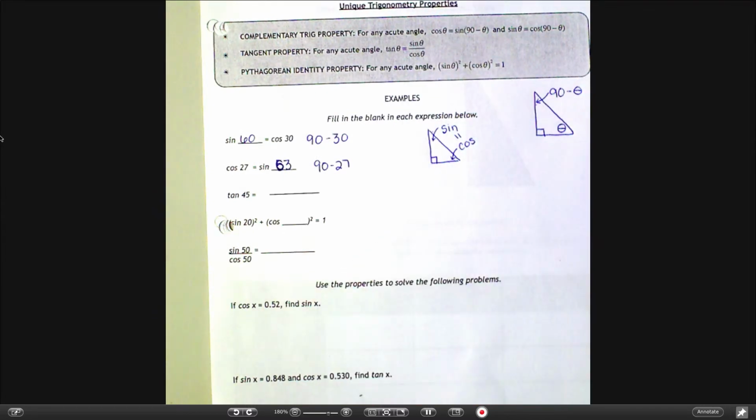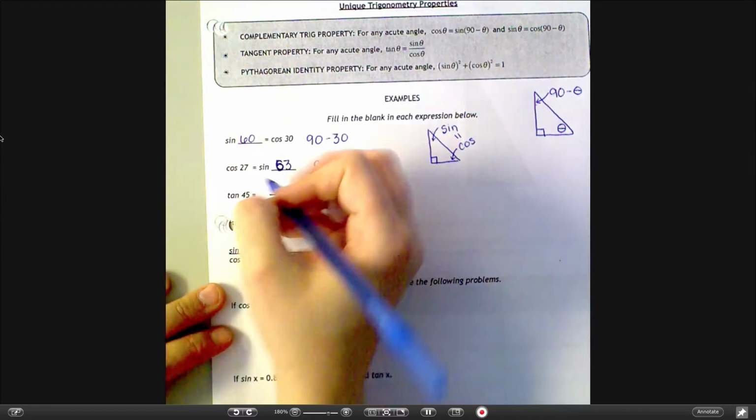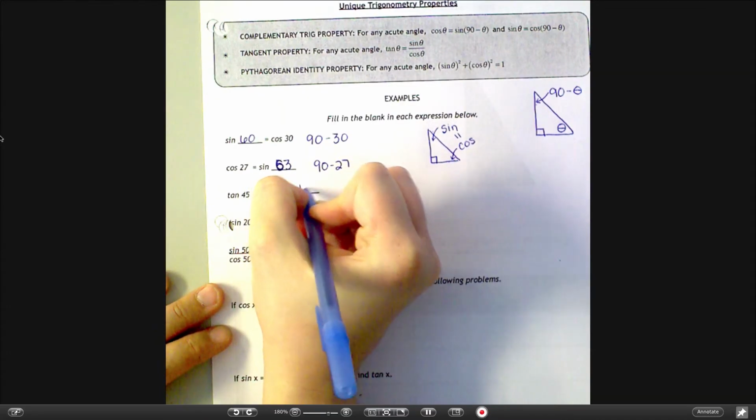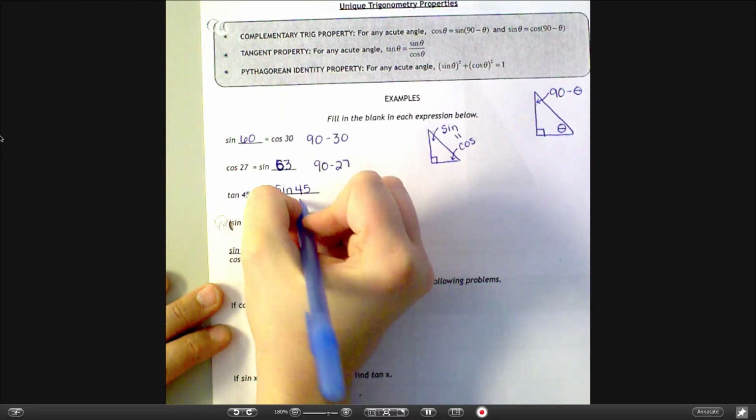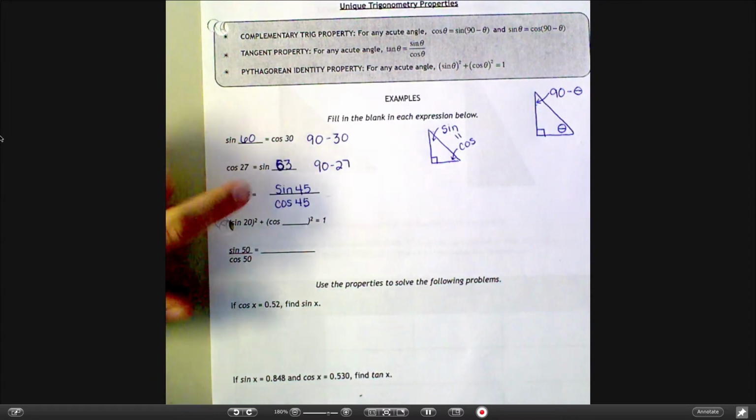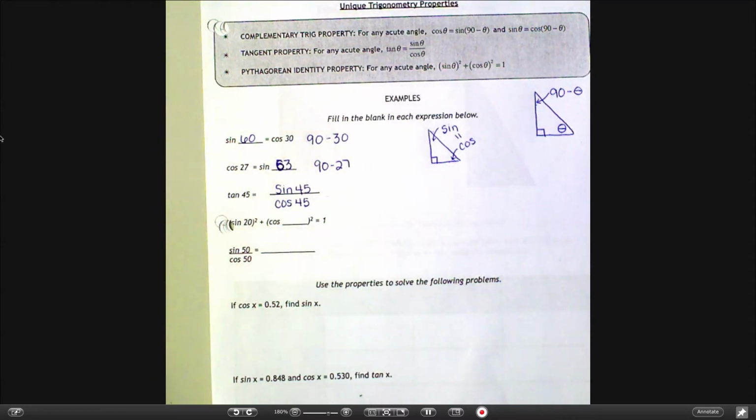Sine over cosine. So tan of 45 would be equal to sine of 45 over cosine of 45, like a fraction. Now, could you actually solve that and get a number? Sure, but we're not worried about that right now. We're going to do that when we get into the unit circle and exact values. Right now, I just want you to know that you can stack them like that, you can do sine divided by cosine.